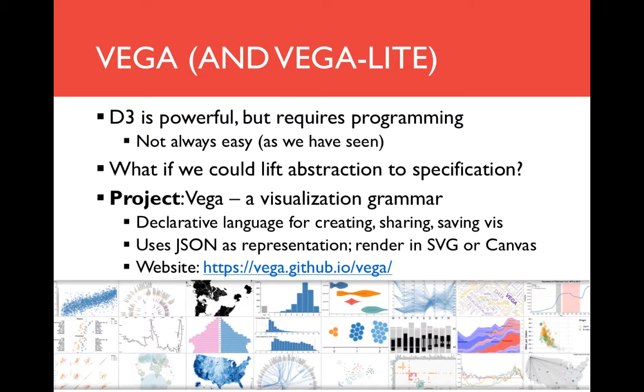To do that, there is such a tool. It is Project Vega. It's called a visualization grammar, and it basically gives you a language for creating, sharing, and saving visualizations. You give it data in JSON format, and it will render it for you in SVG or on an HTML canvas object. We're going to go take a look at the website and try it out.